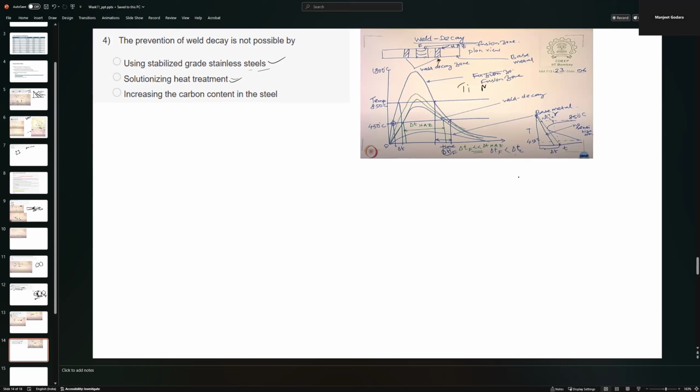And the only one is, if you increase the carbon content, it doesn't help, since it will react more with the chromium, forming more carbide. So prevention is not possible by increasing the carbon content.